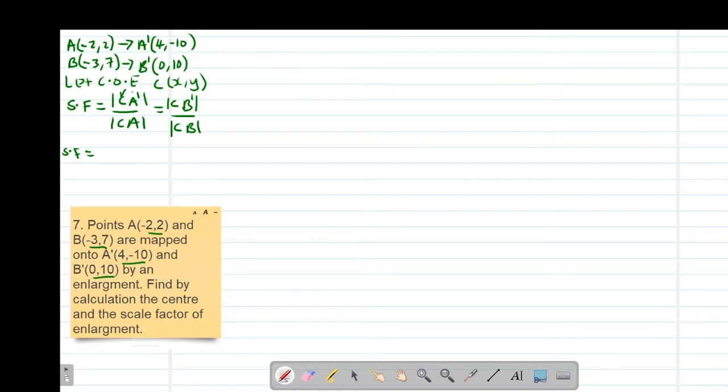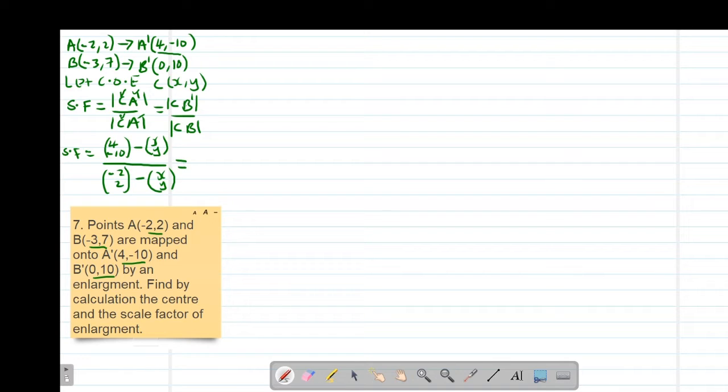We take the coordinates of A prime, then subtract the coordinates of C. A prime is 4, -10, so this will be 4, -10, minus the center x, y. Then I divide by the coordinate of A minus the coordinate of C. The coordinates of A are -2, 2, minus the center, which is still x, y.